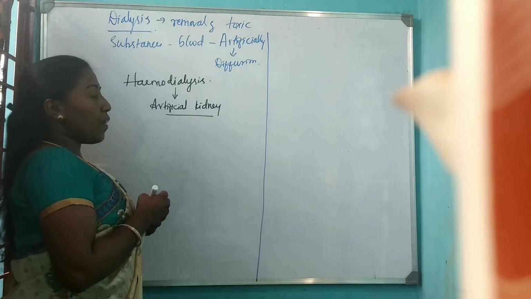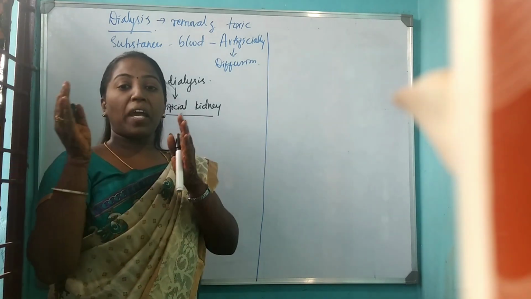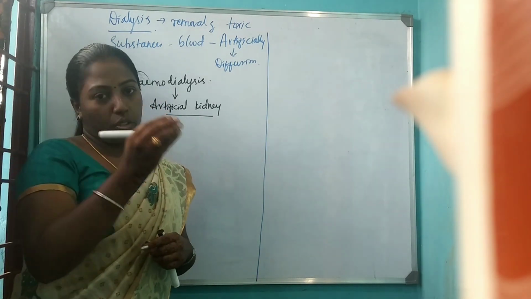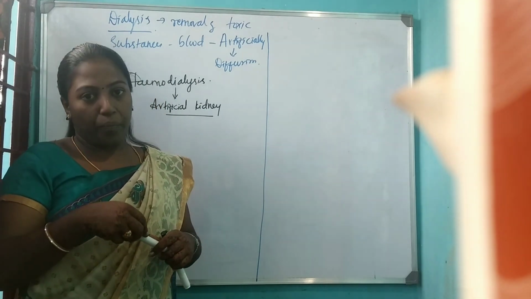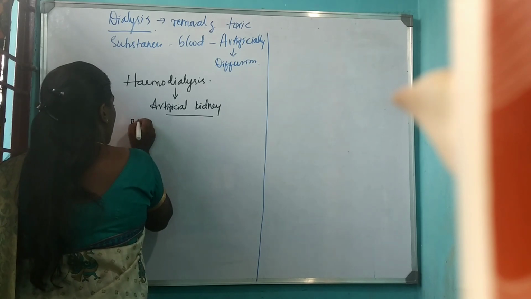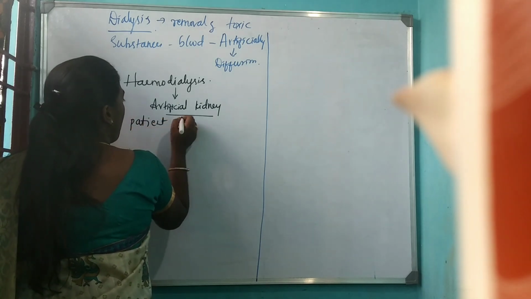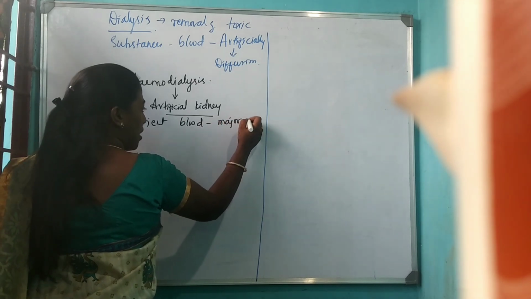The first thing in hemodialysis is that the patient's blood is removed through the major artery.